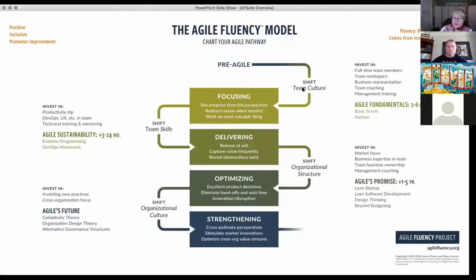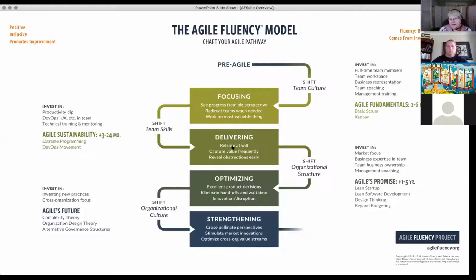So before we were looking at our team collaborative skills, but now we're talking about our professional skills. So extreme programming kinds of things, DevOps, maybe UX, if that's an important part of the product. And the investments the organization needs to make are patience through the maybe dip in productivity while the team is learning to do TDD or learning continuous integration or something like that, and more training and mentoring in those skills.